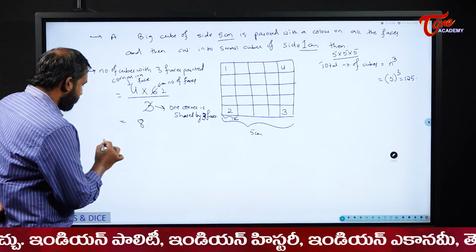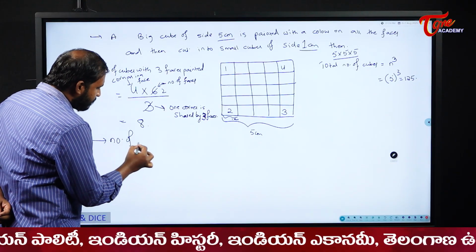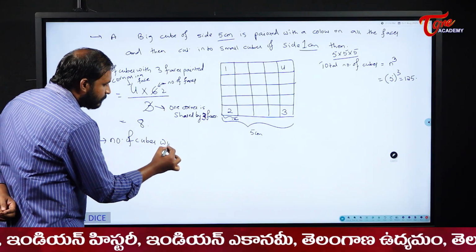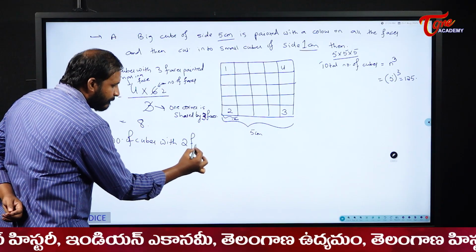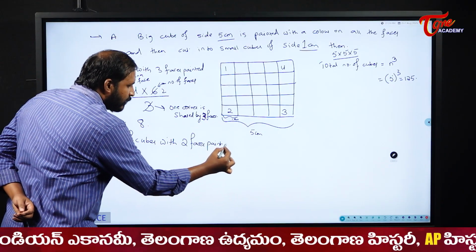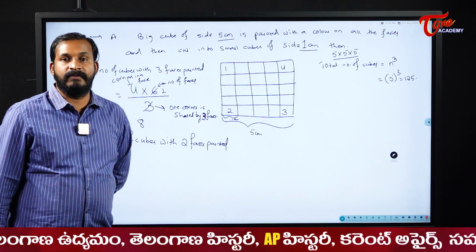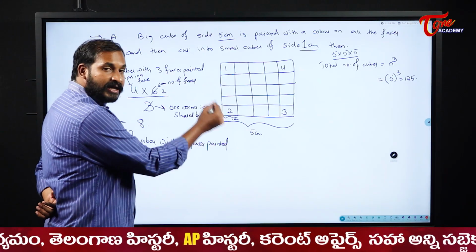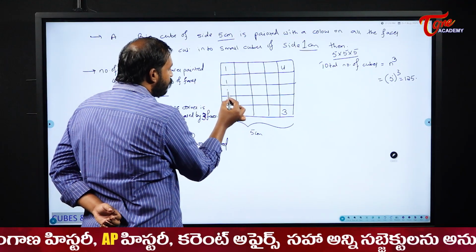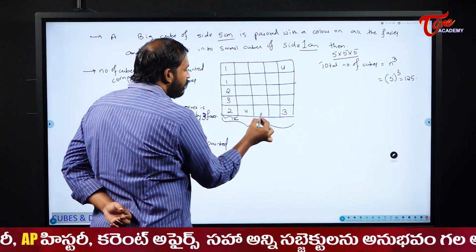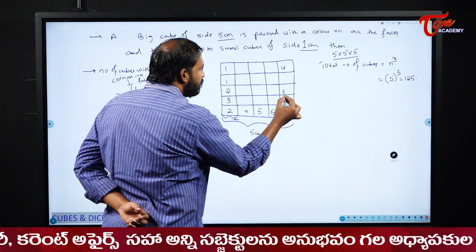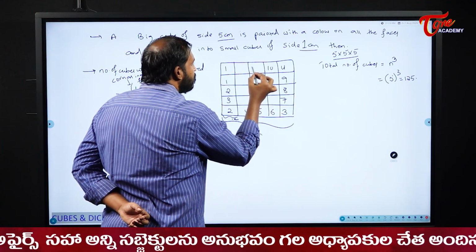Next, number of cubes with 2 faces painted. Now see here, which cubes will get paint on 2 faces, students? The cubes which are present on the edges. Now tell me, what are the edge cubes here? 1, 2, 3, 4, 5, 6, 7, 8, 9, 10, 11 and 12.